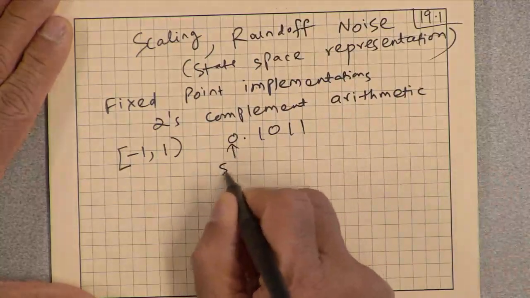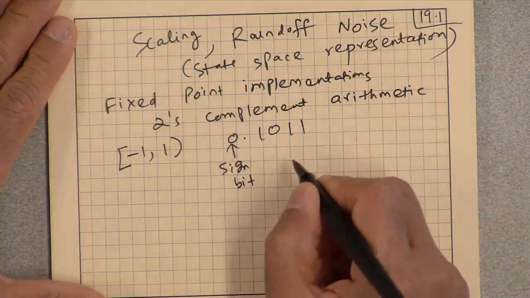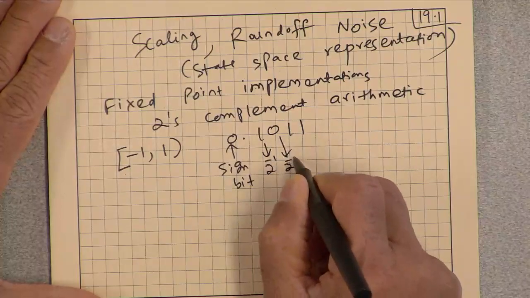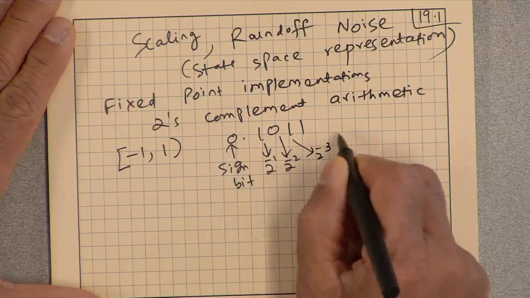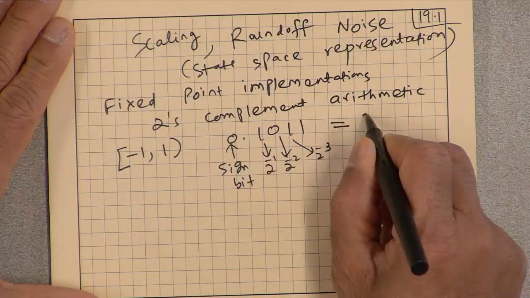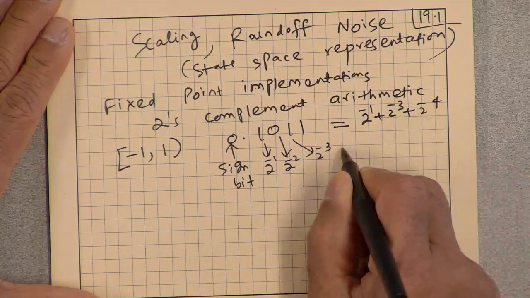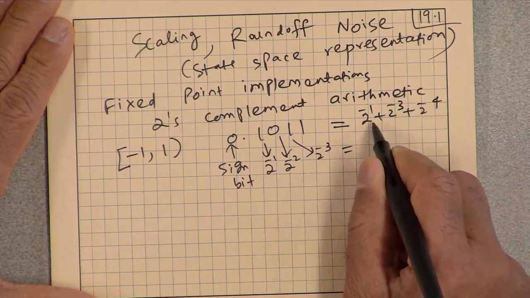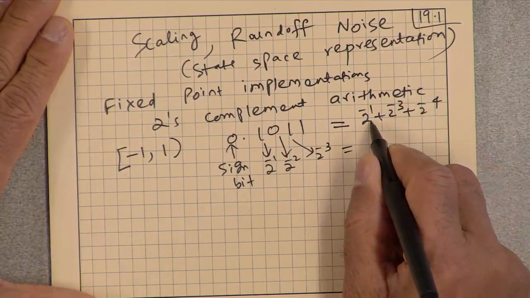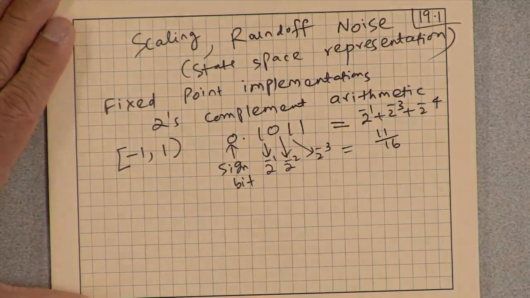So this is called the sign bit, which is a 0, and then these bits are weighted bits, 2 to the power -1, 2 to the power -2, etc. So the arithmetic value of this would be 2 to the power -1 plus 2 to the power -3 plus 2 to the power -4, and that is half plus an eighth plus 1/16, and that is 8 plus 2 plus 1, 11 by 16. Okay, so that is that number.